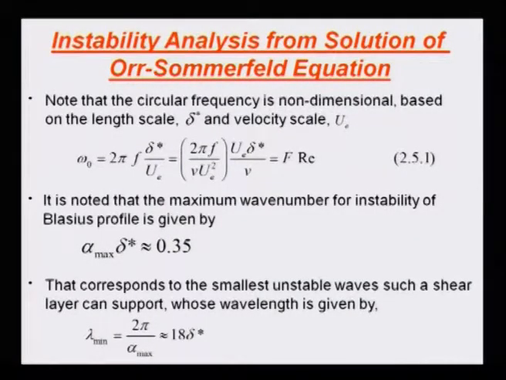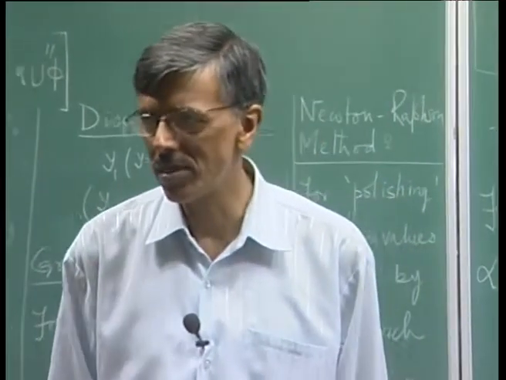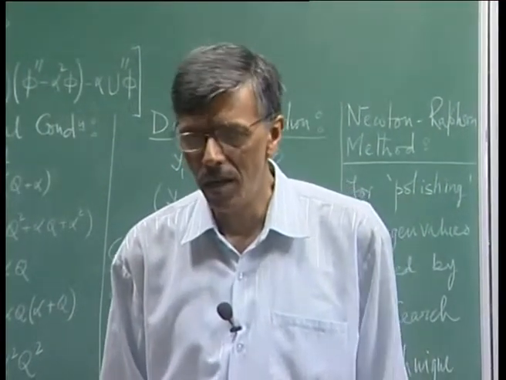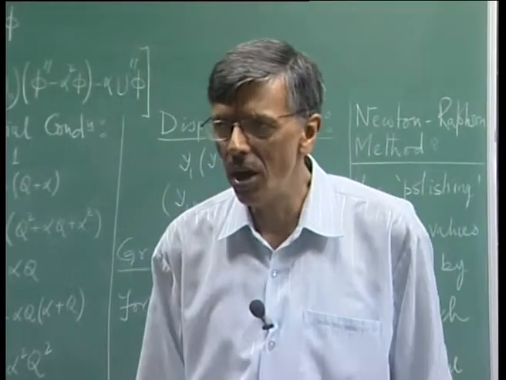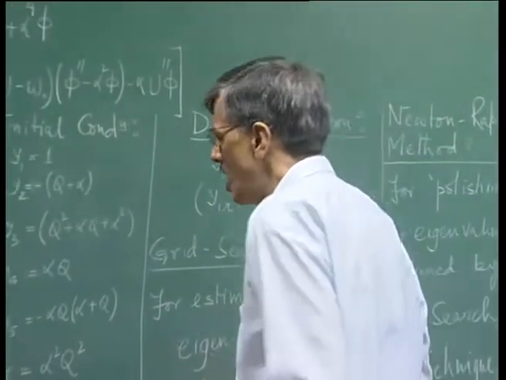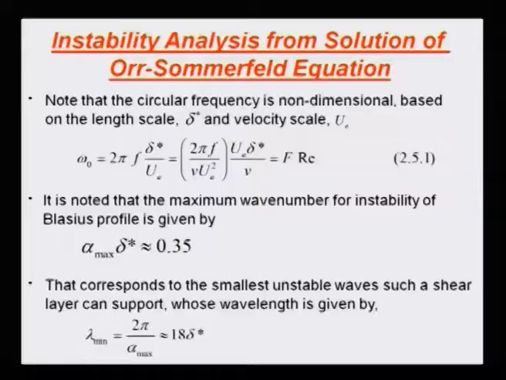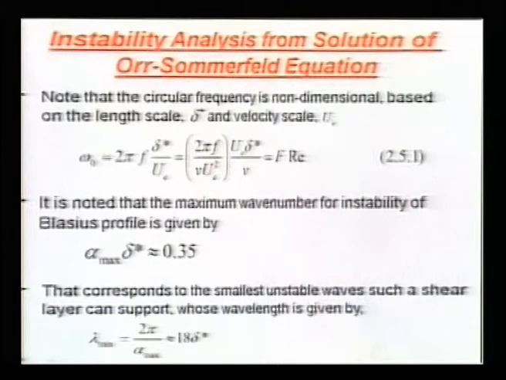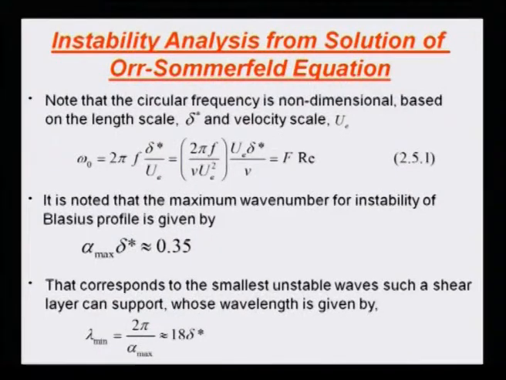It gives you some idea that in a Blasius zero pressure gradient boundary layer, if instability sets in, you are going to see disturbance waves which are of the order of 15 to 20 delta star. You can't have smaller than this. All the disturbance wavelengths will have to be about this and above. Okay.